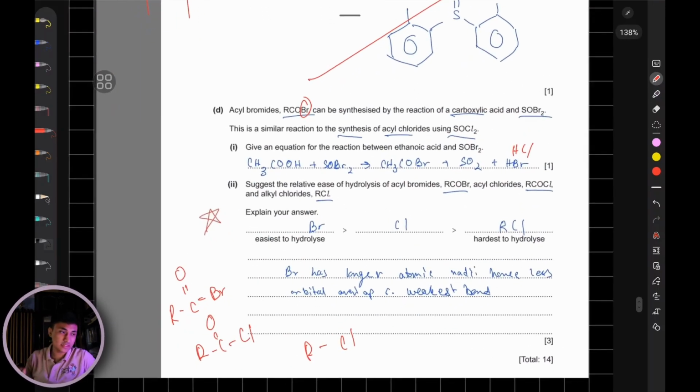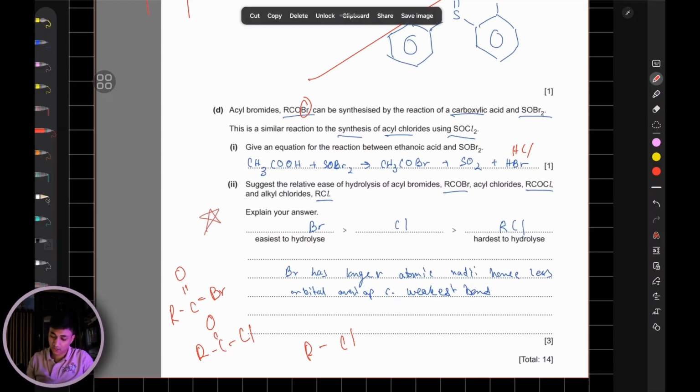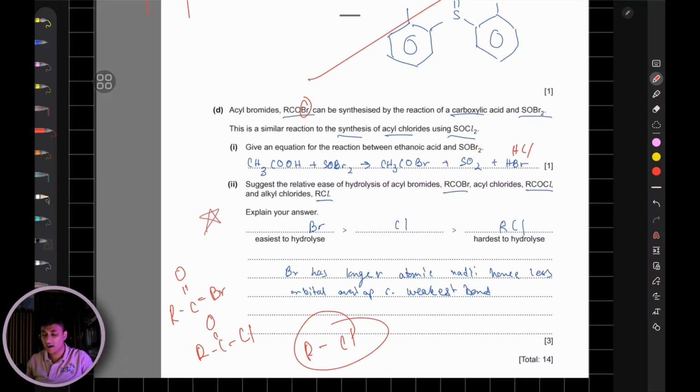Now, in case of ease of hydrolysis, you have acyl bromide, acyl chloride, and RCl. From the get-go, you will understand one thing, that in case of acyl halides, there is a difference in charge between the carbon and the halogen. This will have a more negative charge, this will have a more positive. So both of these will be easier to break compared to RCl.